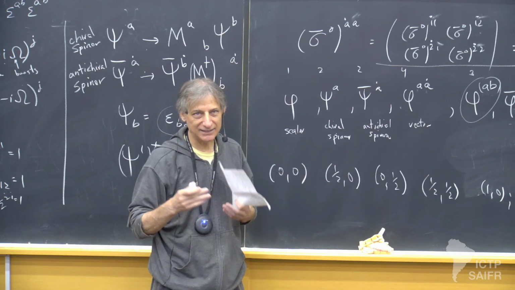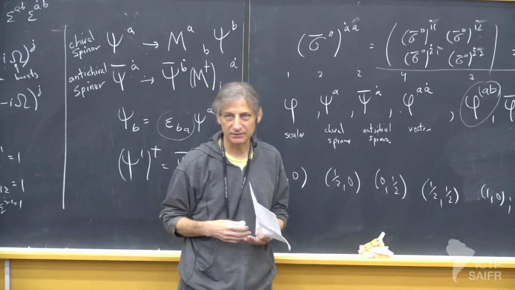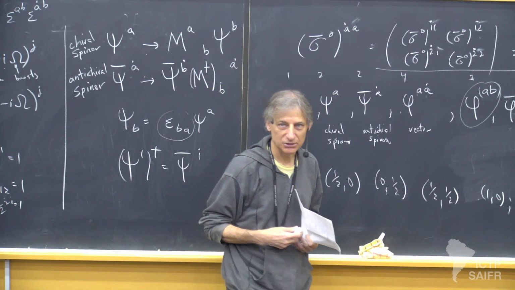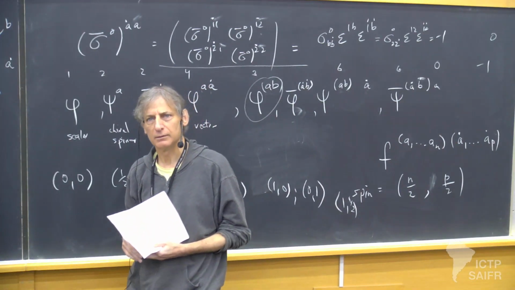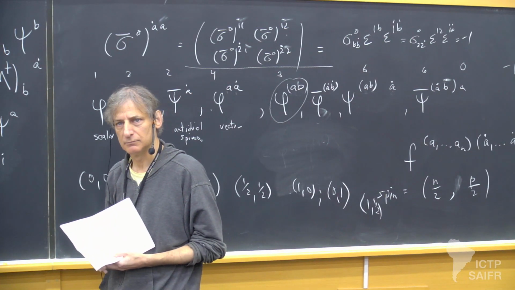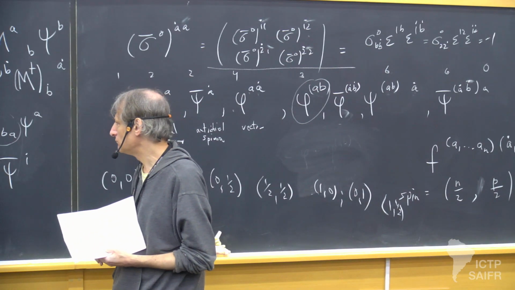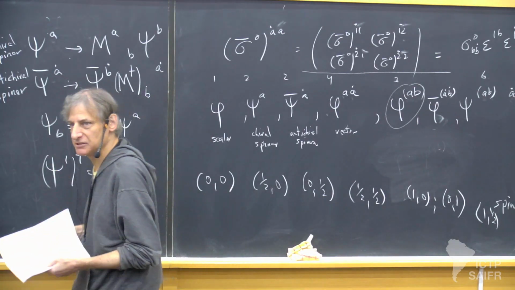You can't really add different representations. It's like adding apples and oranges. It doesn't make sense. You can't add, but you can multiply them. No, they're independent. They're independent representations.